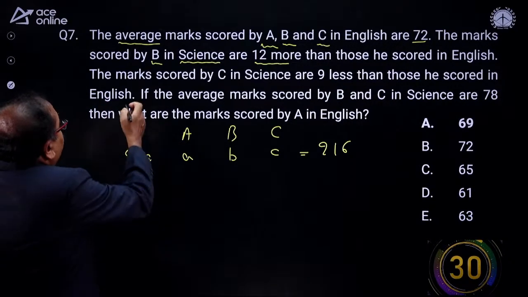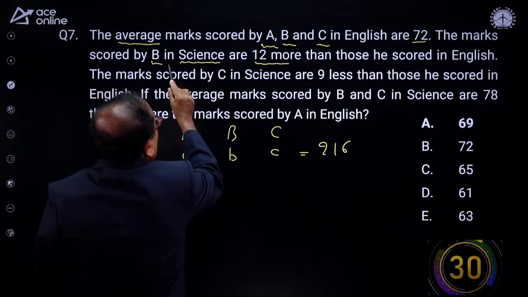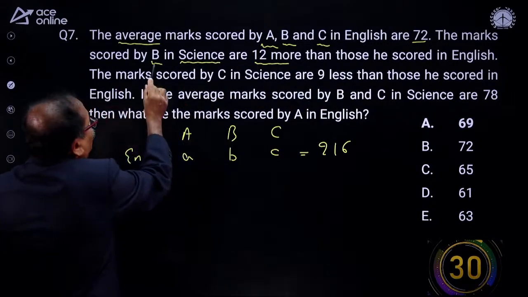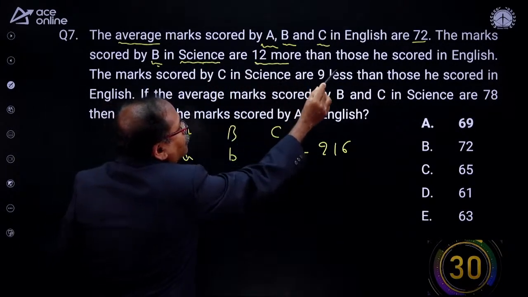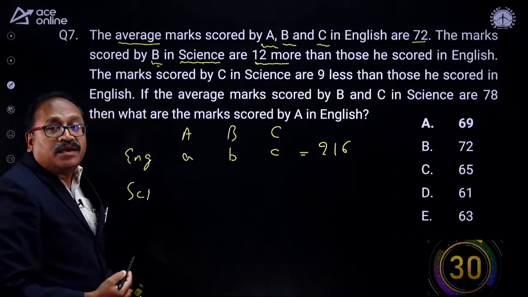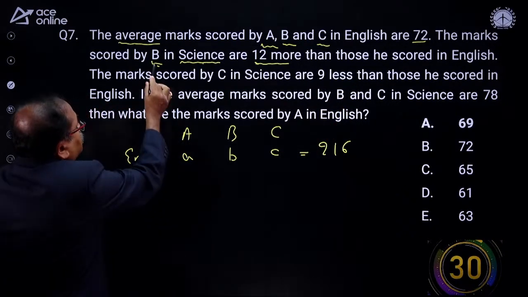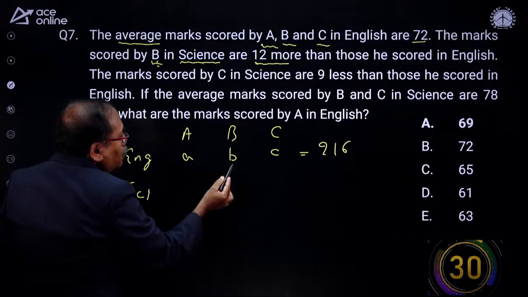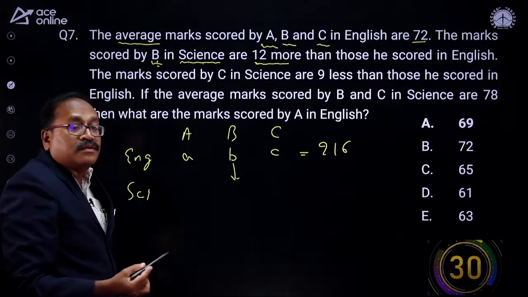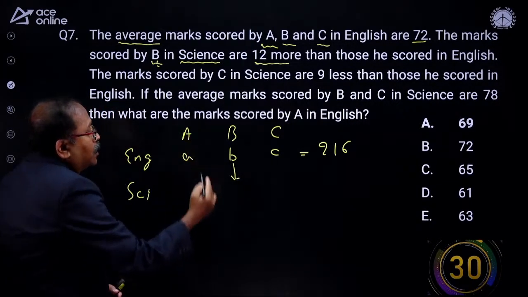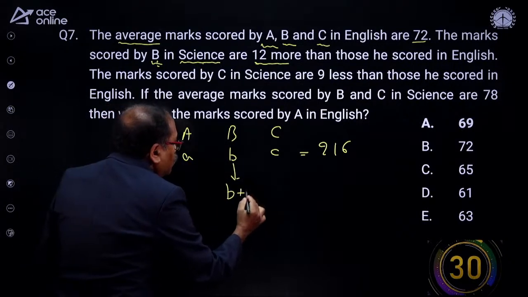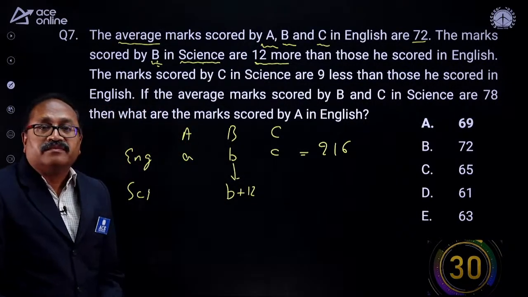देखिए उसके बाद में क्या बोल रहा है? The marks scored by B in science is 12 more than the score in English. So in science B scores B, then in English 12 more, that means in English his score is B plus 12.